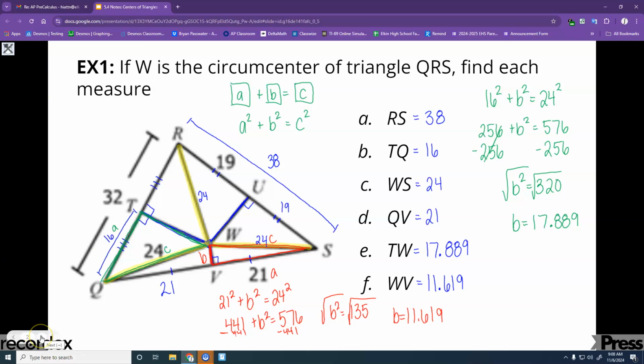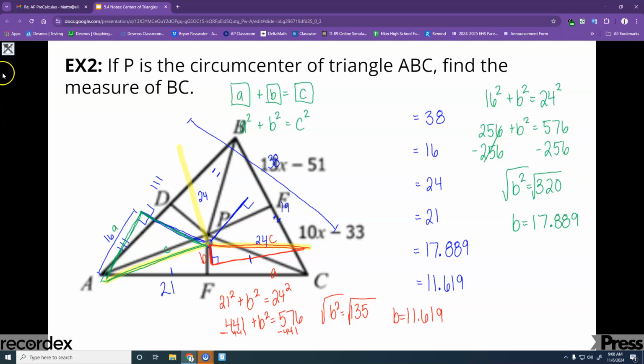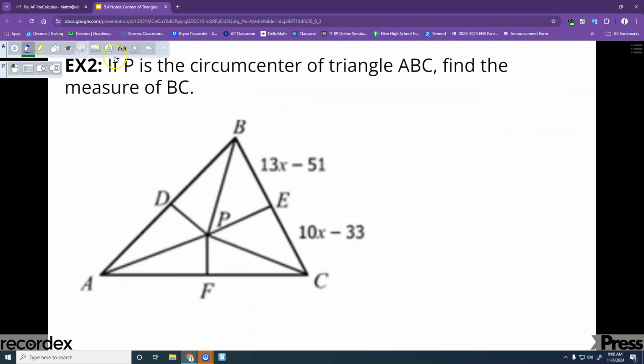All right. Now let's look at one more. Another thing that they like to do for these is give you geometry problems with algebra involved. Okay? So they tell you P is the circumcenter of triangle ABC. Find the measure of BC. But notice they didn't mark anything except for these two pieces right here.